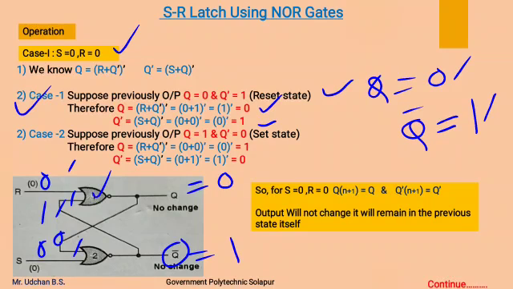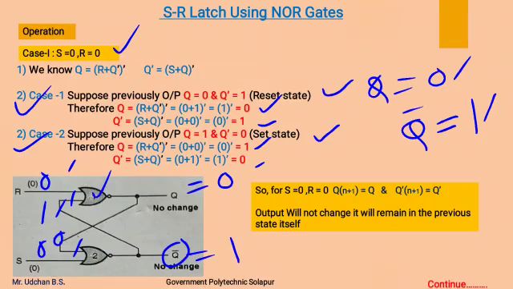Means in case 1, previously we assumed the reset state. After applying input, we get the reset state itself. Again, if we consider the previous output is in set state, then also we get, by applying these input values, Q as 1, Q complement as 0. So in second case also, if the previous state is in set state, we get the next state as set state itself.